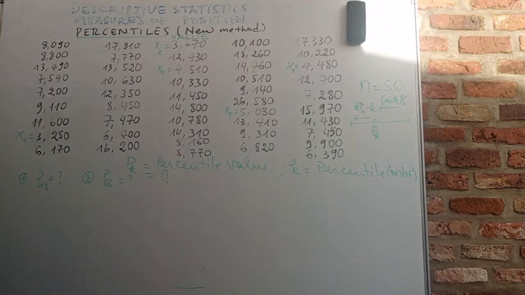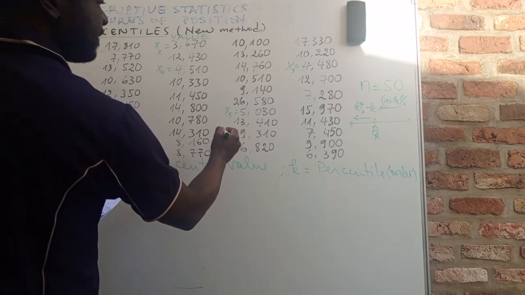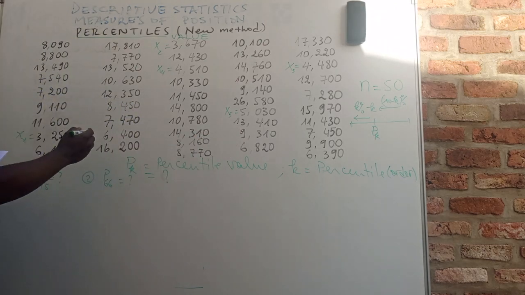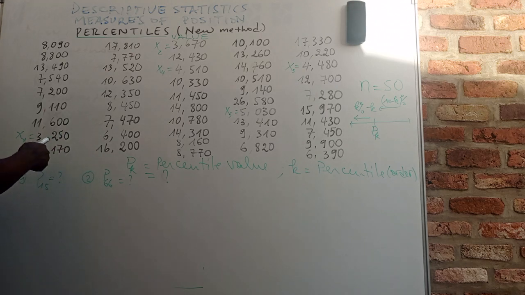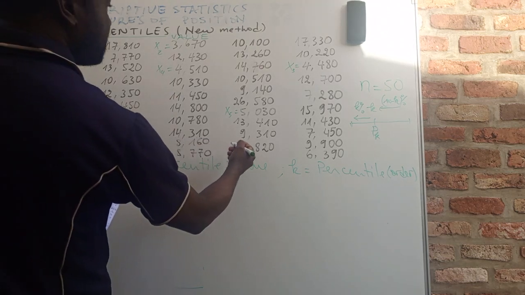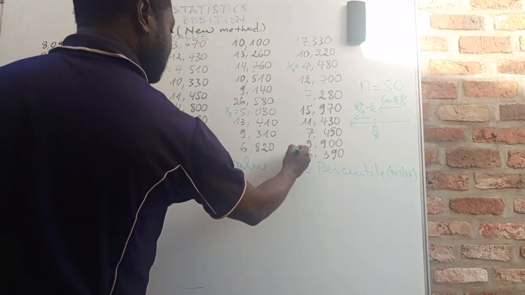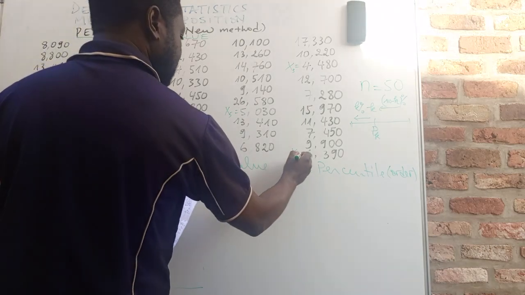Then number 6, 6170. Where is it? It is X6. Number 7, 6390, this is X7.